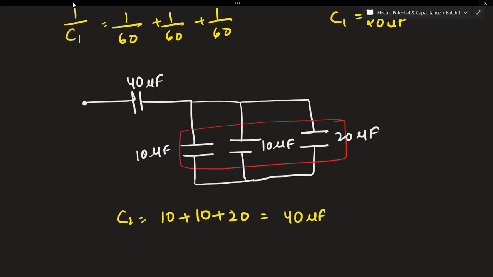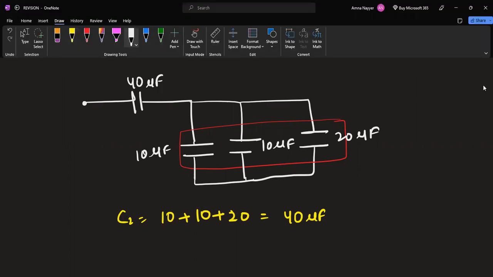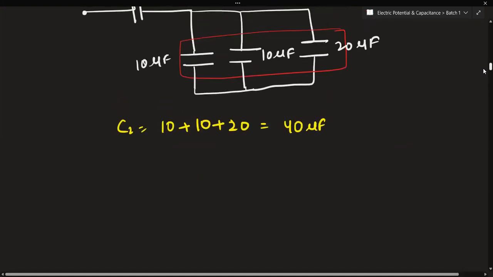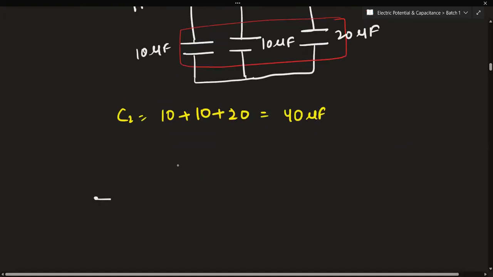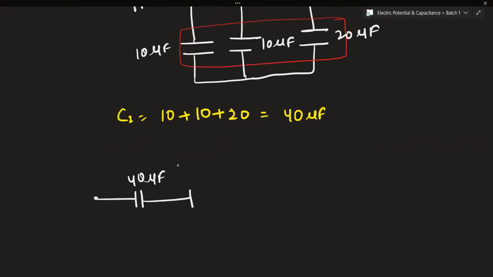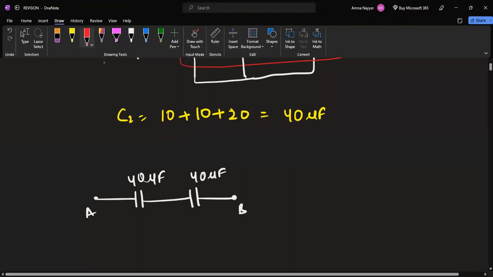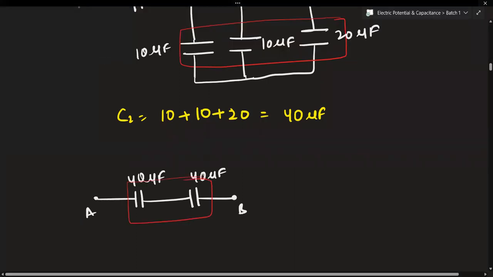Now how will we reduce our circuit? Our circuit will get reduced further. So here you have this 40 microfarad, and now also you have this 40 microfarad. So A point and B point. Now you can see these two are directly connected in series.